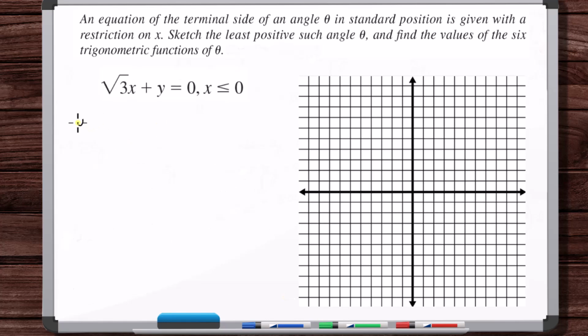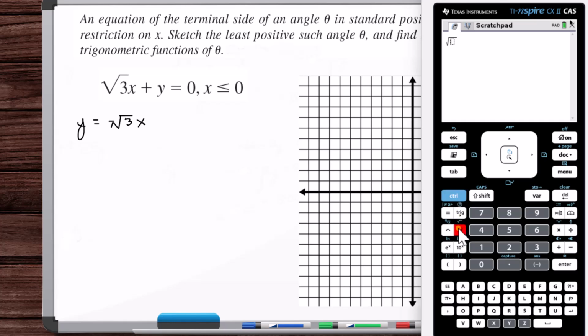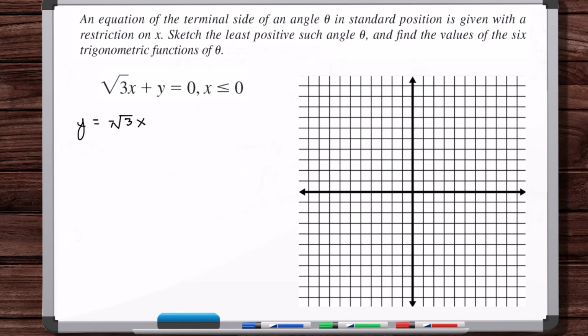Okay, so we've got the line y is equal to minus root 3 x. And we're restricted to x is less than or equal to 0, so it's going to be the second or the fourth quadrant. Root 3 is 1.73.